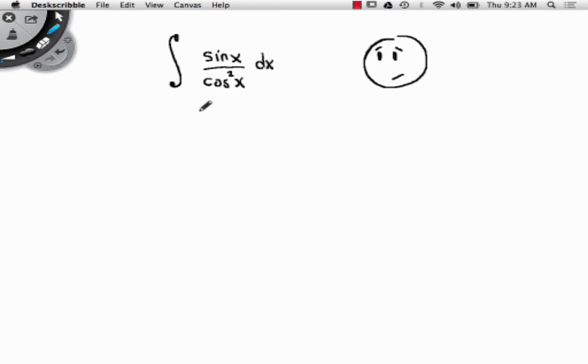Okay, let me go back to your question. You asked, is cosine squared x the same thing as cosine x squared, parentheses around the x? That is correct, yes. And then sine over cosine is tangent.